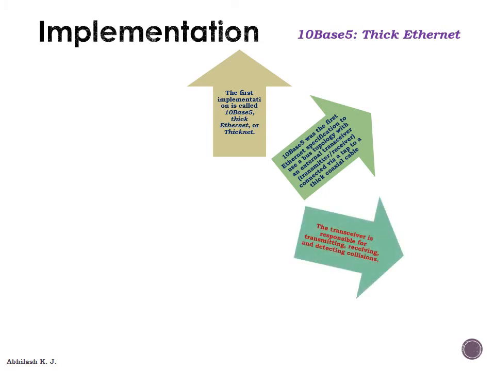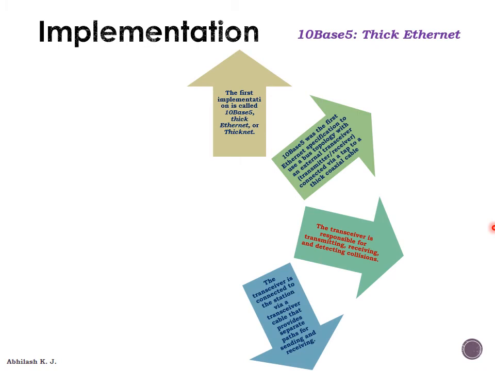So the transceiver here is responsible for the transmit operation, receive operation, as well as the detection of the collision. This transceiver is connected to the station by making use of a cable, that is coaxial cable, which will provide the separate path for sending as well as receiving.